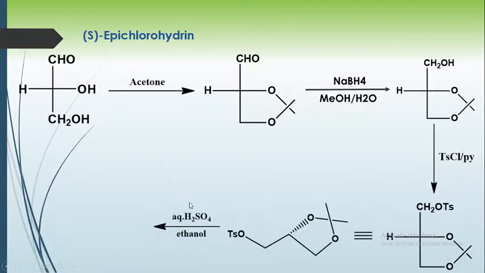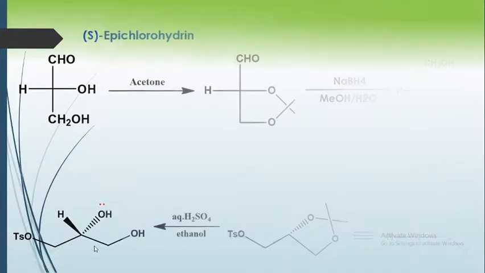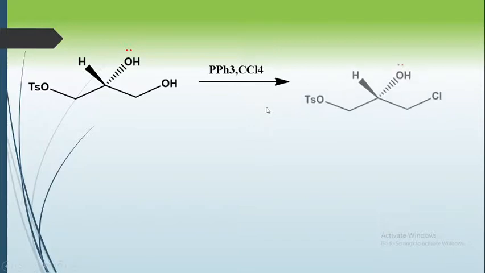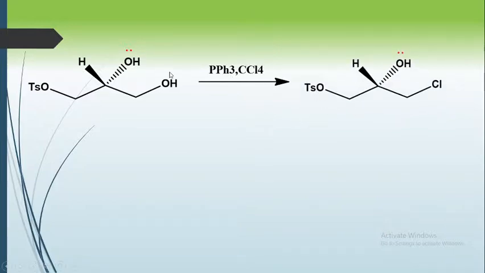When it is reacted with aqueous H2SO4, there is a deprotection and we get this molecule. When it is reacted with triphenylphosphine and carbon tetrachloride, we get this alkyl chloride.